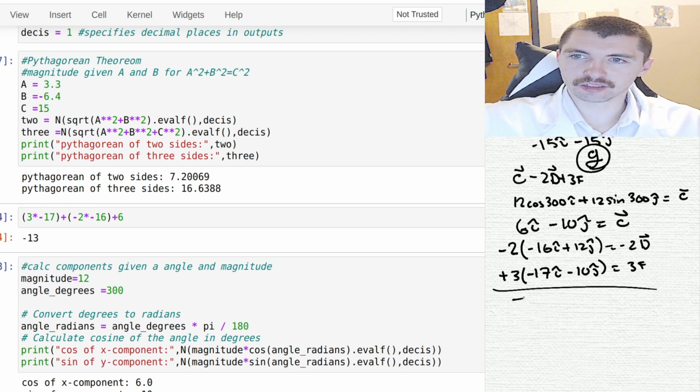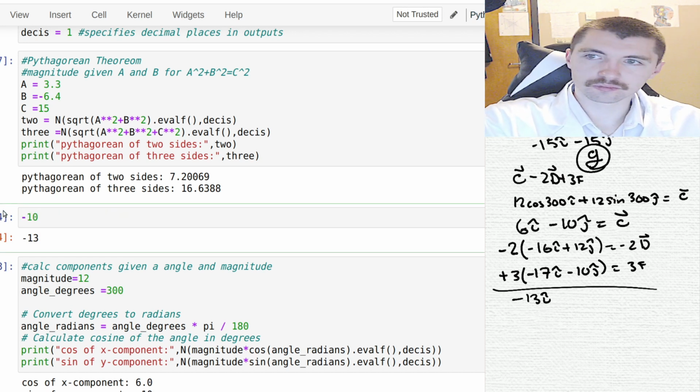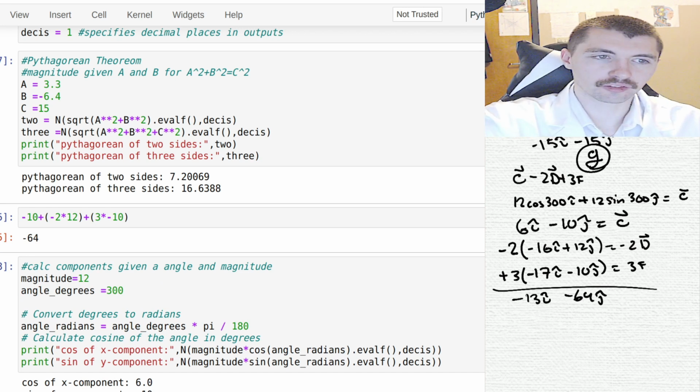So we have negative 13i, negative 2 times 12 minus 64j. It's our final vector.